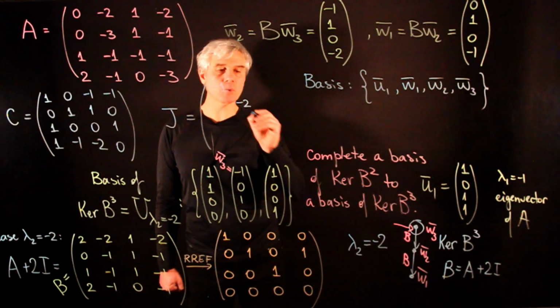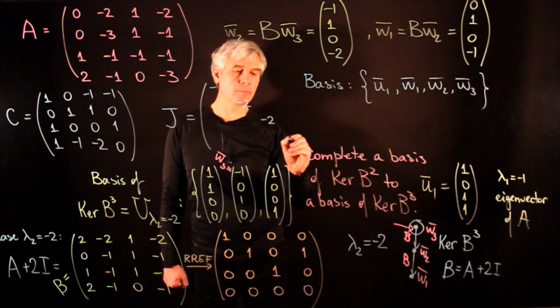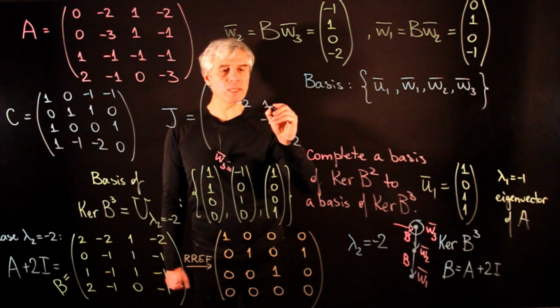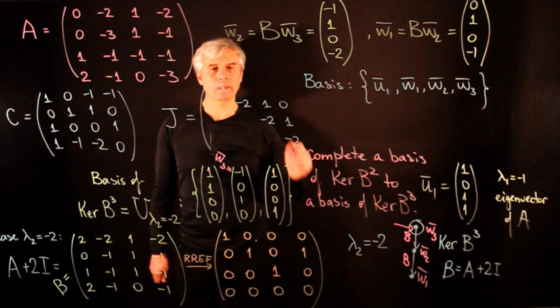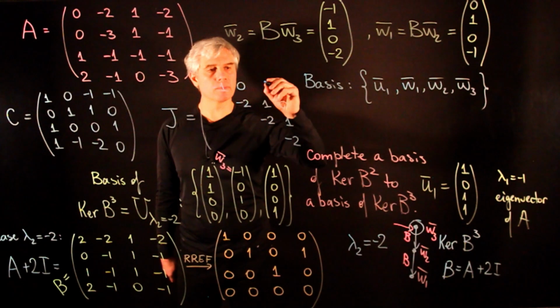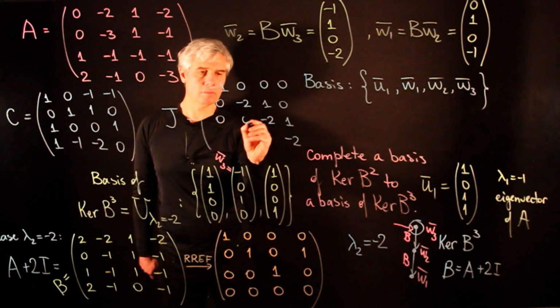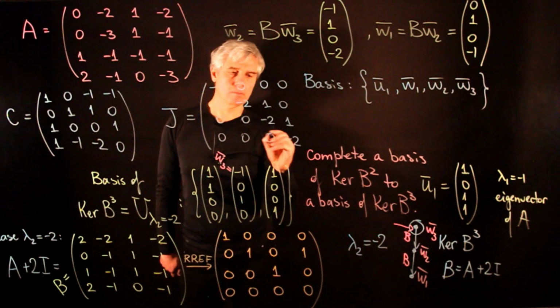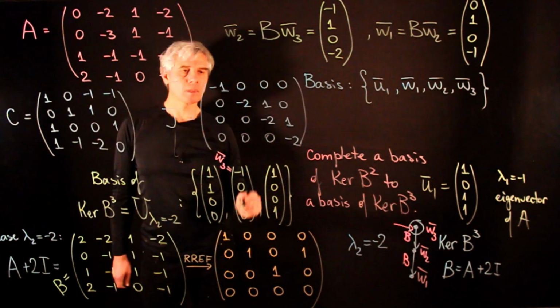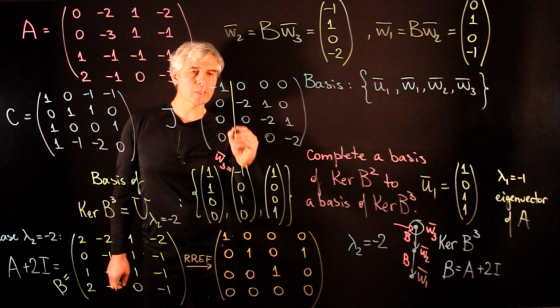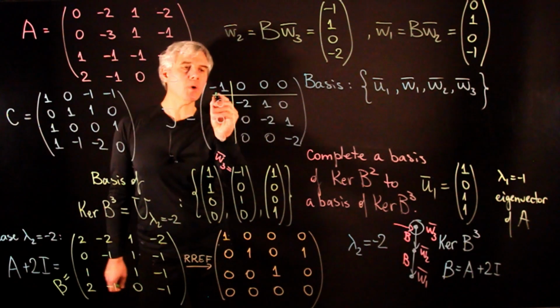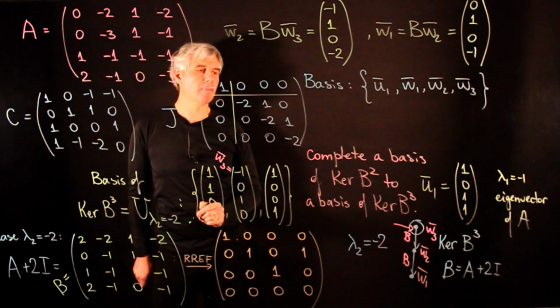So we'll have -2, -2, -2, and 1 here and 1 here. And the rest of the entries are 0. Here we can see the block structure. So we have a 1 by 1 block and a 3 by 3 block.